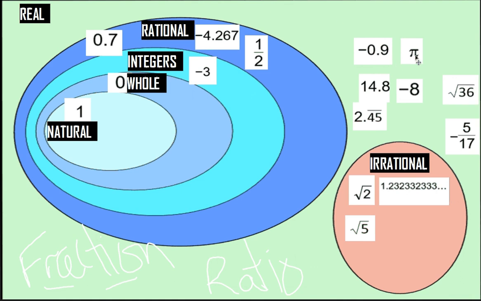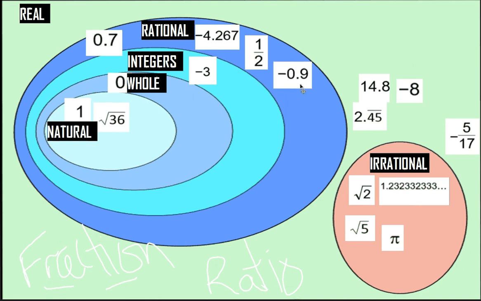To move on past that, we have pi. That's a really easy one. It's going to be irrational. Square root of 36, well, that equals 6, which is a counting number. So again, if you're able to just count that number, positive, then it is a natural number. We have negative 0.9 is rational.